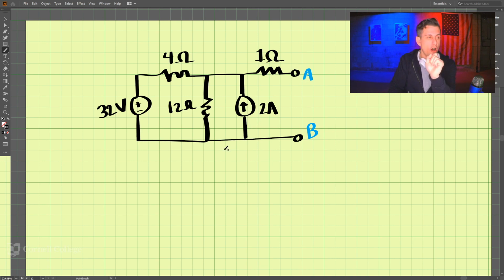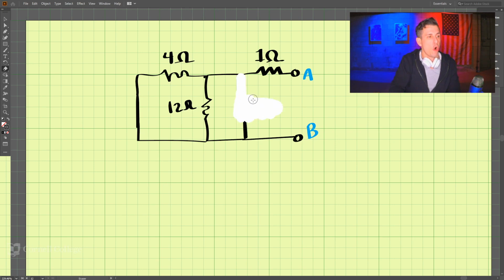We need to turn off this 32 volts and turn off the 2 amps. If we turn off 32 volts, that becomes a short circuit, and turning off this 2 amps becomes an open circuit.